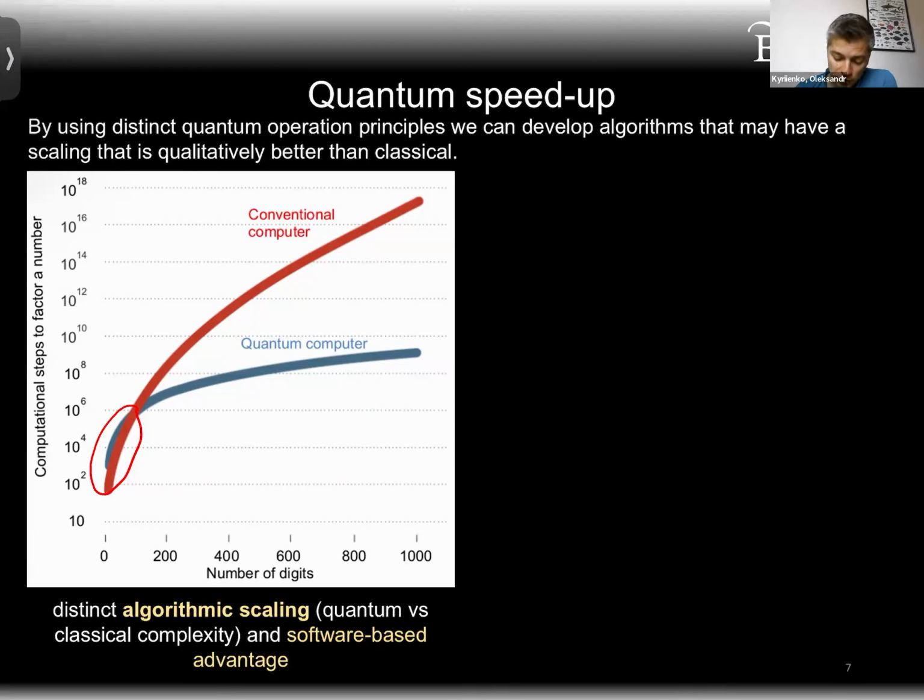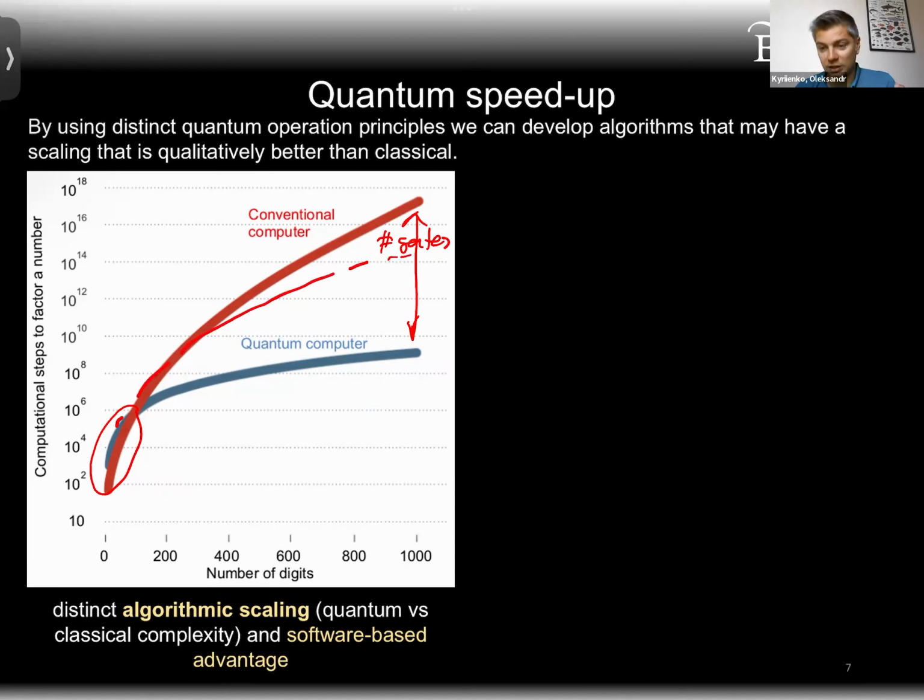Second, even though there is this separation in terms of number of gates, that's very different if you actually compare runtime. Because if each quantum operation costs you much more, the cost will increase, and the separation shrinks between conventional and quantum computers.